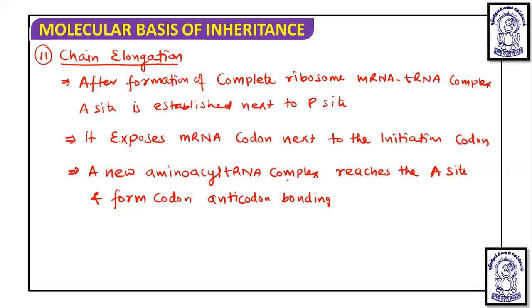But at the A site, when the large subunit comes and binds, the A site is getting stabilized. If UUU is exposed in another mRNA, another amino acid is going to be exposed because it is going to vary.